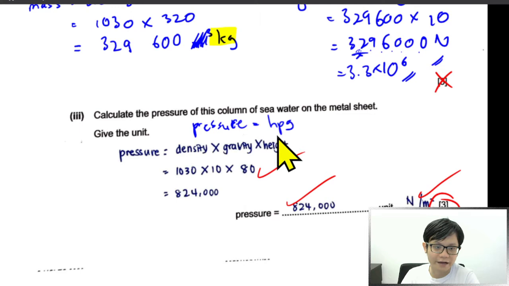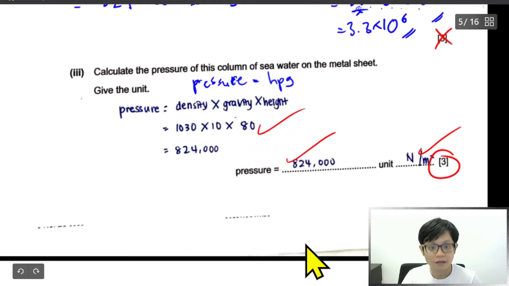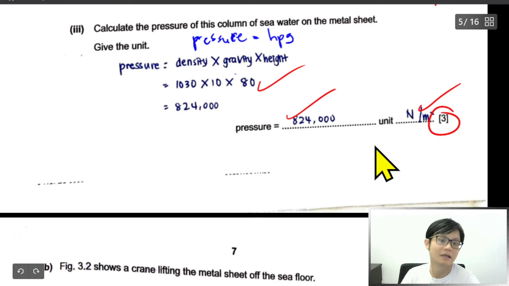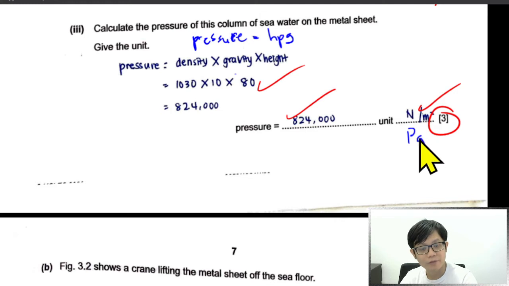H will be the height, P will be the density, and G will be the gravity. So density times gravity times height, you get 824,000. So 824,000 Pascal. Depends on how much pressure you can take.